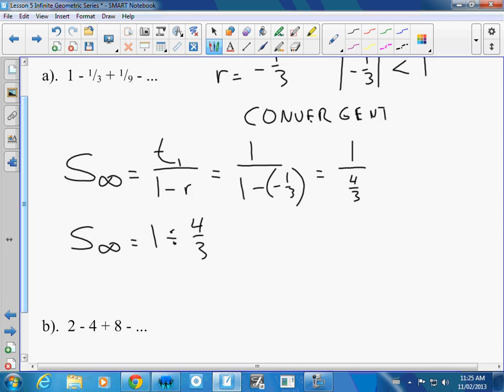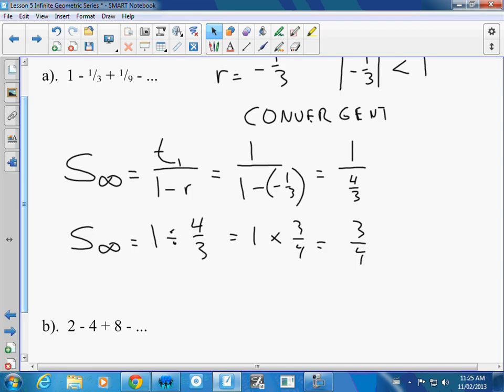Oh, but we know how to deal with division of fractions. It's the same as multiplying by the reciprocal. Oh, remember this now? So 1 times 3/4. What's 1 times 3/4? 3/4. Okay. So what is the sum of this convergent series? 3/4. That's it. You're done.